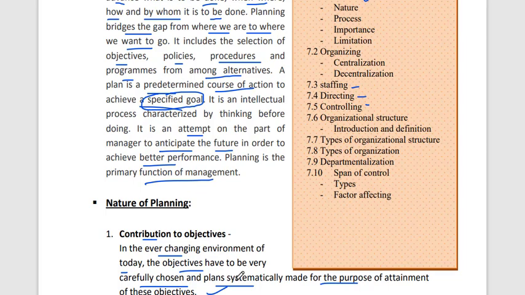For the completion of the goal of our company or organization, we have to make a carefully chosen, systematic plan.